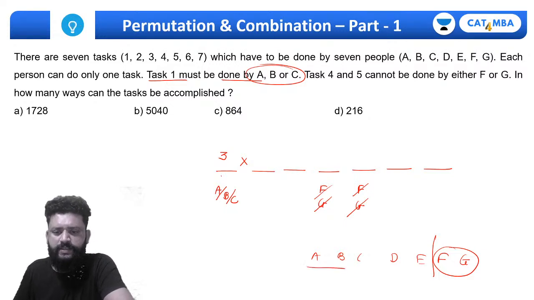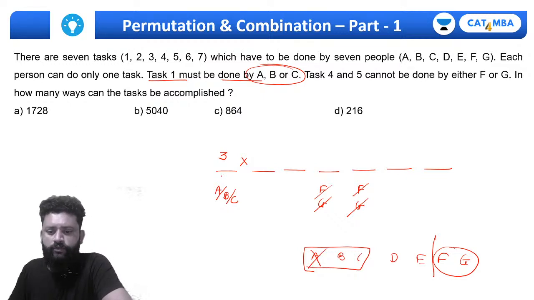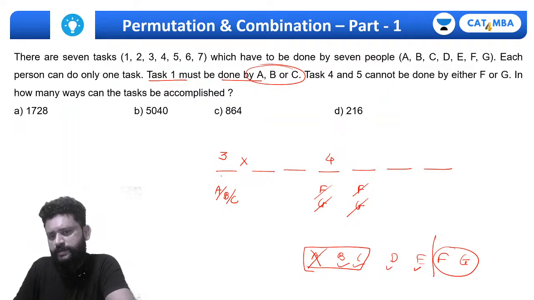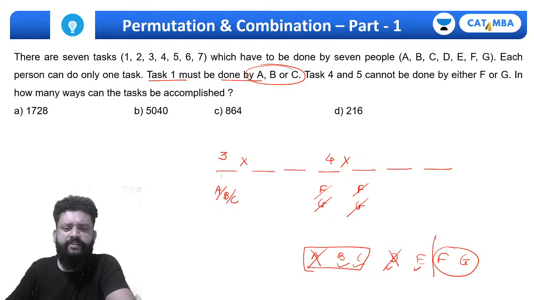For the first we only have 3 options, so any one of these must be gone. I cancel one. So we do have 1, 2, 3 and 4 places to fill this one. After that 1 will go, you can just cancel any one.